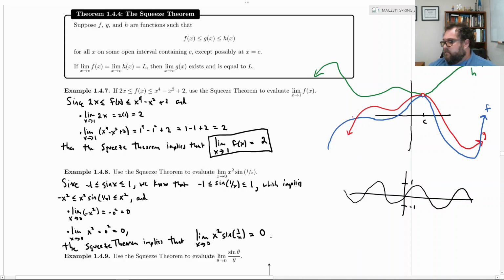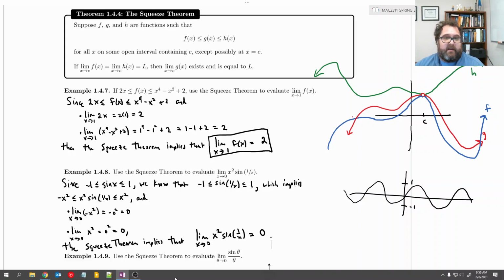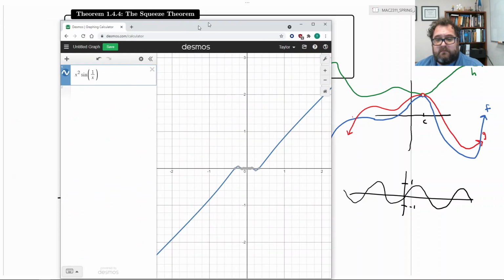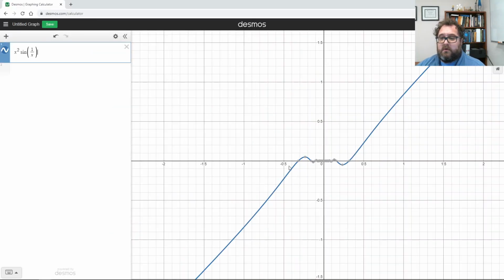Okay, here, let's look at the graph. By the way, this is a graph that I don't even know what it looks like, and it's not a common graph that I expect you to know. Let's see what x squared sine 1 over x looks like. Yeah, it's kind of a crazy graph. Okay, there it is.